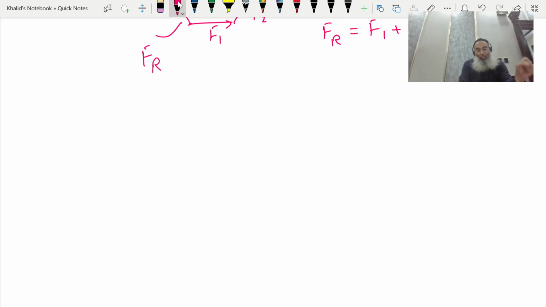One force, for example, here, and the second force is at an angle other than 90 degrees. This is theta. It is F1 and F2. So how to find the sum then? Again, imagine it's an object.